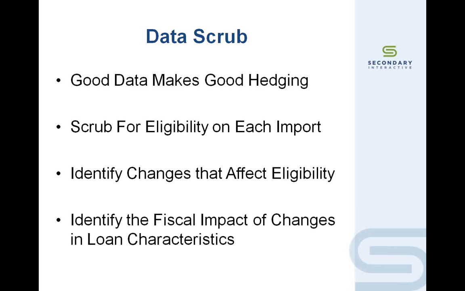So we can scrub for data errors, what I call logical errors, for instance a 5-digit FICO or a loan that has moved unexpectedly in the process, and we can point those out to the clients right away in our application so that you can address them before they become problems.